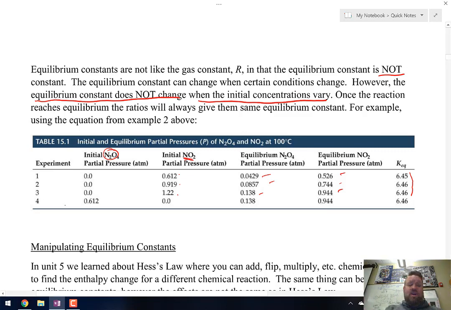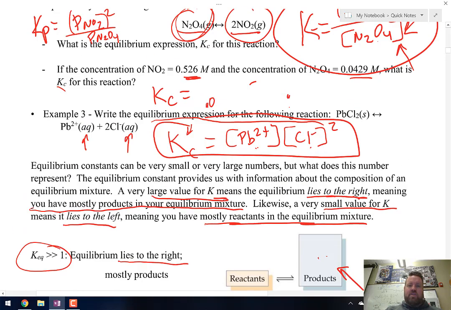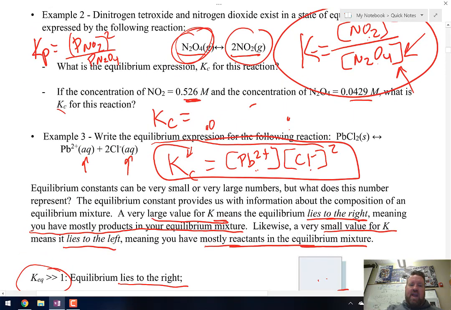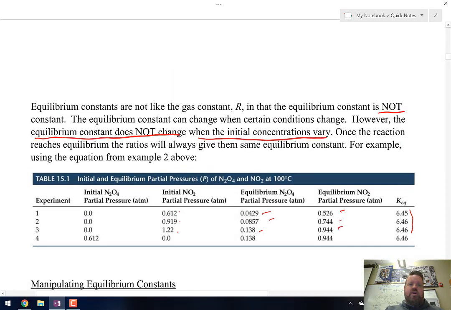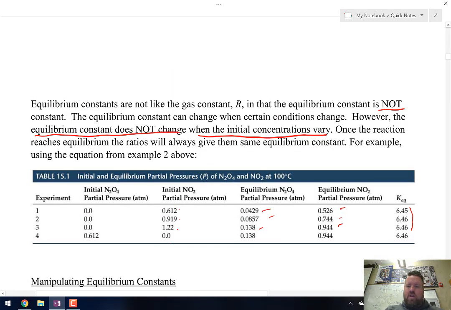And even if you start in experiment 4 with some N2O4 and no NO2, and if you think about it, N2O4 is the reactant, here NO2 was a product, it doesn't matter how much you start with. You'll notice that no matter what you start with, the ratio of reactants to products is always the same.